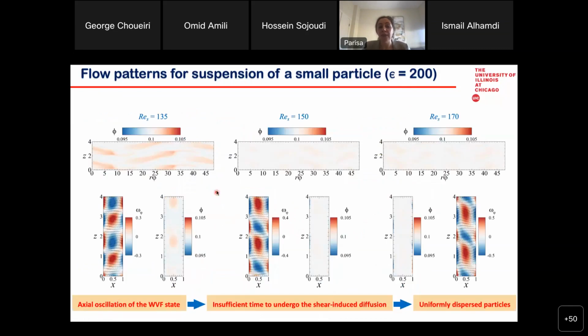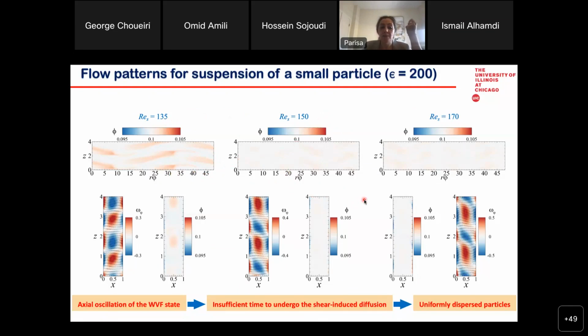And in general here, this slide shows the concentration and the distribution of particles for Reynolds numbers of 135, 150, and 170. As we could see, by increasing the rotation of the inner cylinder, or in other words, when we increase the Reynolds number, the particles are getting more mixed.